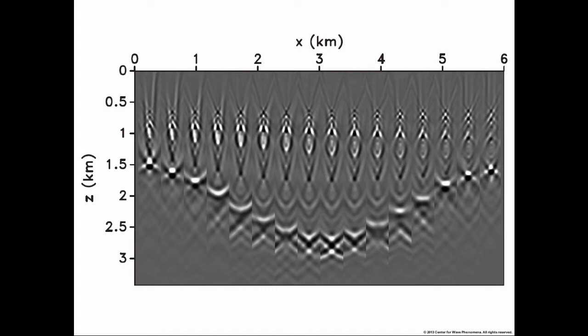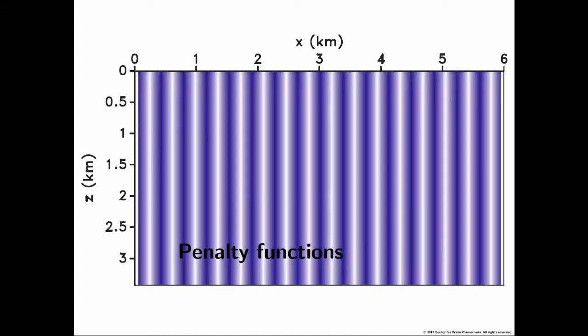This again indicates that the velocity is too high. After we penalize this gather, we obtain a residual that we can then use for wavefield tomography.